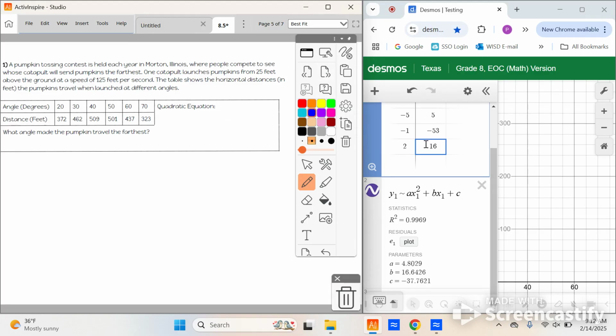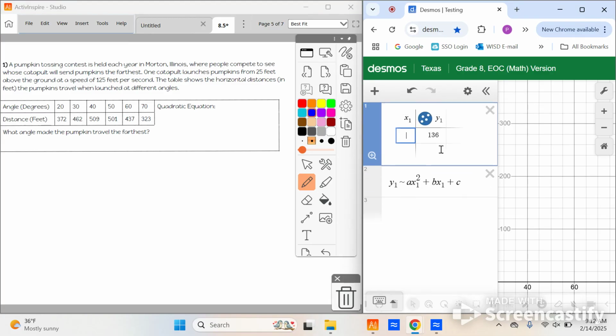So I'm going to, again, just delete the information in my table to save myself from having to retype the equation and insert my x's and y's. Now, the angle is going to be your x because that is your independent variable, and the distance depends on that angle, so that would be your y.